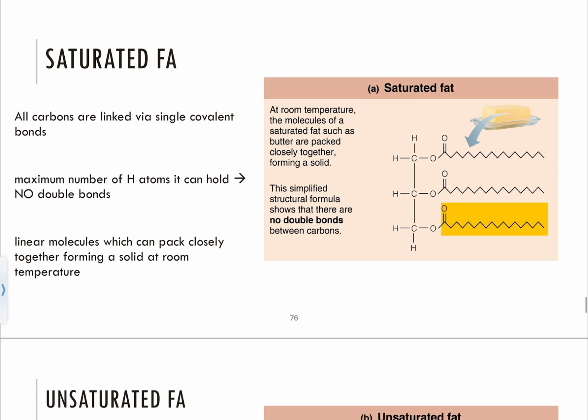When we're talking about triglycerides or fatty acids, we typically group them as either saturated fatty acids or unsaturated fatty acids. One of the important things about organic molecules is that they all contain carbon. A unique feature of carbon is that it's able to form 4 covalent bonds. So here's a carbon molecule, and here are 4 covalent bonds.